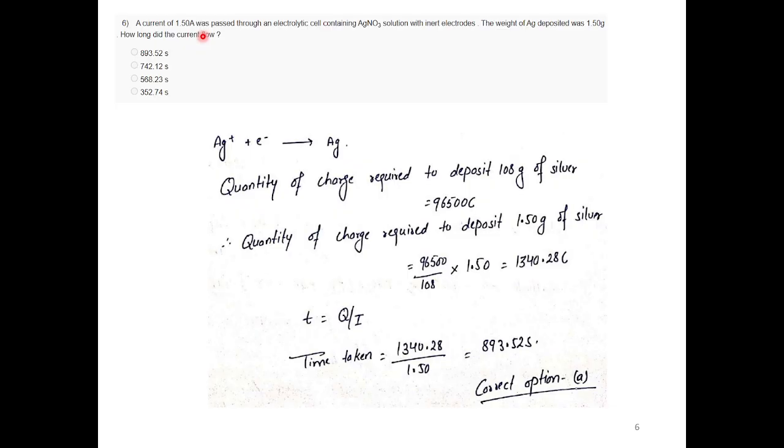So Ag+ plus one electron is absorbed, so it is making metallic silver. So this is a mole reaction. To produce 1 mole of metallic silver, you need 96,500 coulomb, right? So 96,500 coulomb is required.